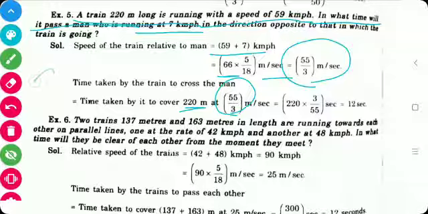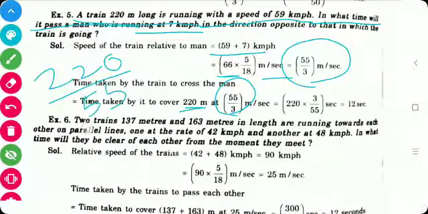So it is 220, the length, upon the speed 55 by 3. So it is 220 into 3 upon 55. 11 5s are 55, 11 20s are 220, so 5 4s are 20, and 4 3s are 12 seconds. So the train requires 12 seconds to cross the man.